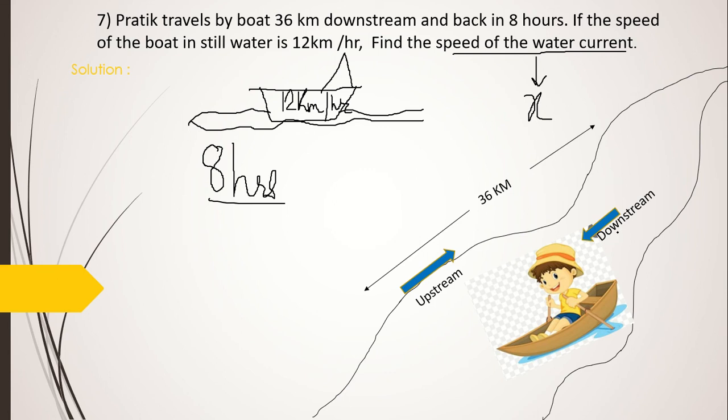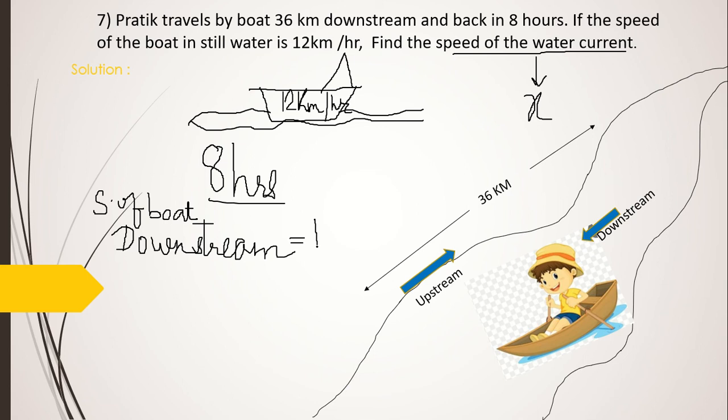So similarly, whenever he is going downstream, you have to understand that the speed of the boat is going to increase, of course. The speed of the boat downstream is going to increase.